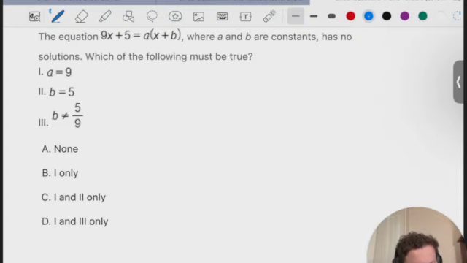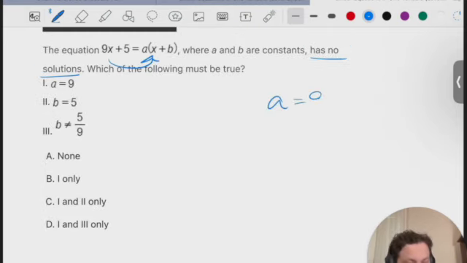Equation blah, blah, blah has no solutions. Which of the following must be true? Okay. A definitely needs to be 9. That's the only way we're going to get a no solution thing. All right. B. B could be equal to 5.